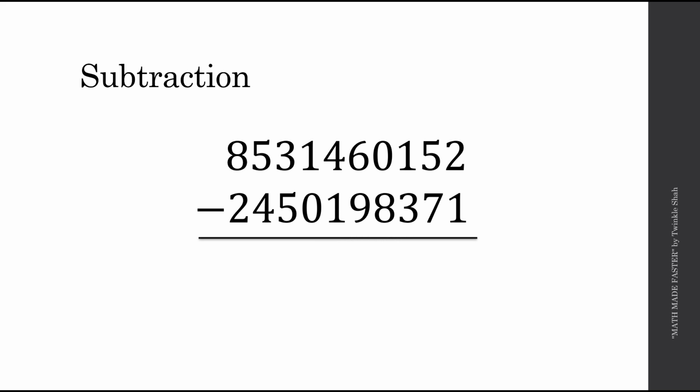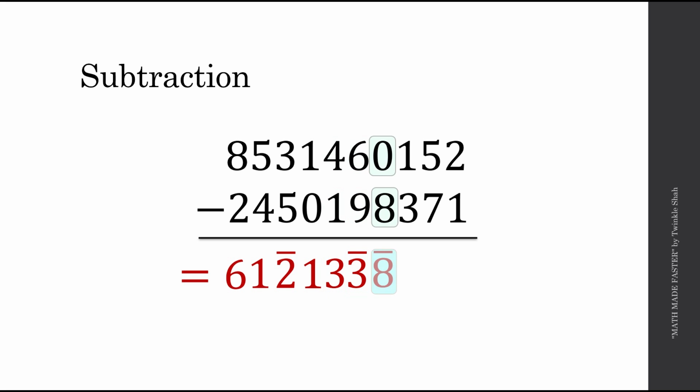Let's go from left to right. 8 minus 2 equals 6. 5 minus 4 equals 1. 3 minus 5 equals 2 bar. 1 minus 0 equals 1. 4 minus 1 equals 3. 6 minus 9 equals 3 bar. 0 minus 8 equals 8 bar. 1 minus 3 equals 2 bar. 5 minus 7 equals 2 bar. And 2 minus 1 equals 1.